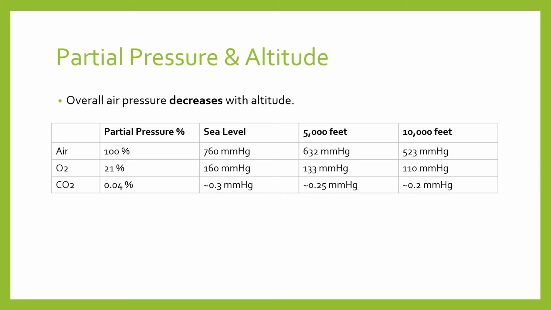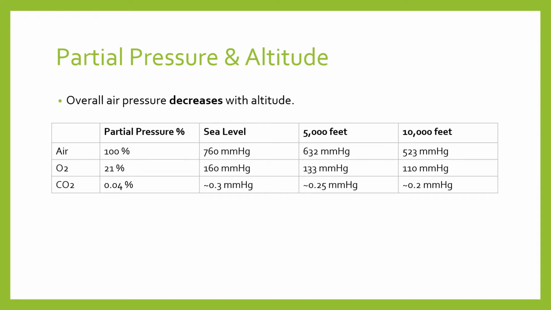If we go up to 10,000 feet, we'll find that the overall air pressure is 523 millimeters of mercury. 21% of that is oxygen. Therefore 21% of the overall pressure is the partial pressure of oxygen. So at 10,000 feet, our partial pressure of oxygen has dropped down to 110 millimeters of mercury.